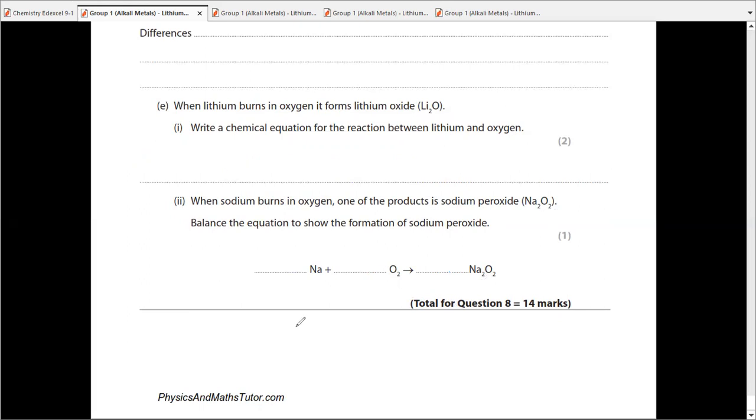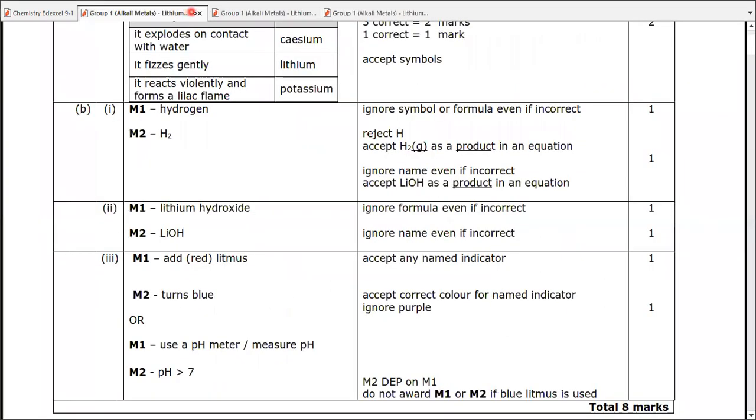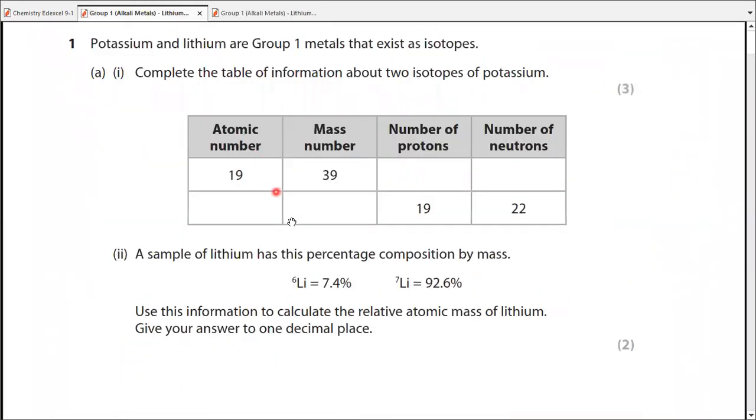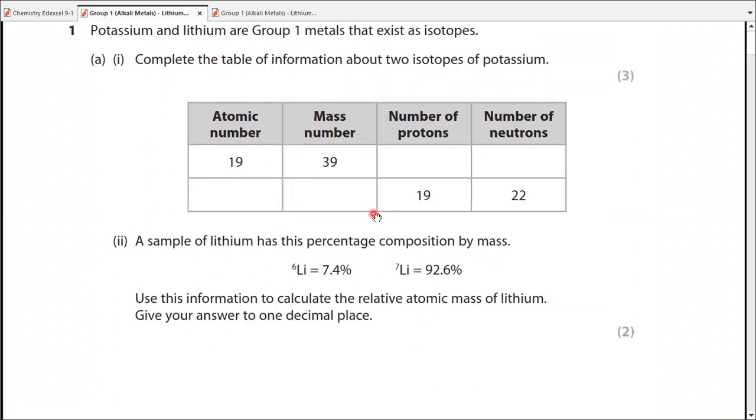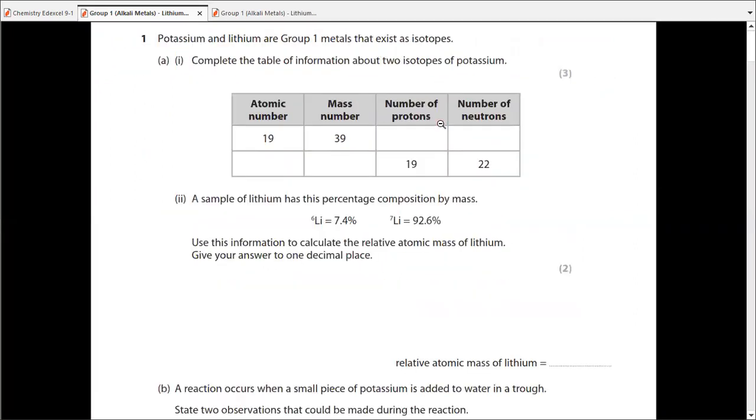Let's close this one. Okay, let's close this one too. Let's talk about this one. I'm gonna zoom out a little bit so it's easier.